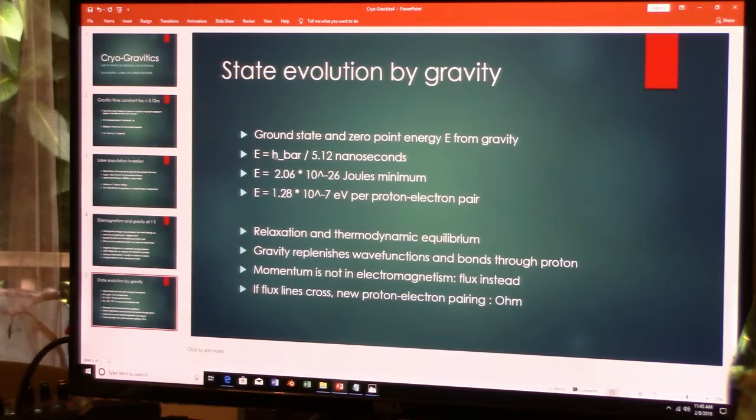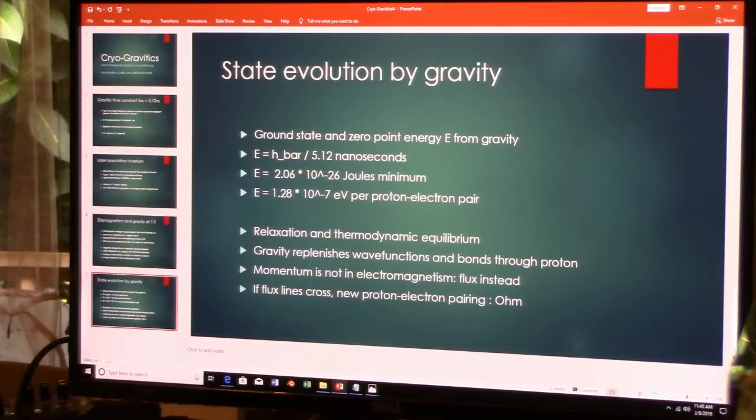The energy is the minimum that an atom could have is h bar divided by 5 nanoseconds, which is about 1 times 10 to the minus 7th electron volts per electron proton pair. That's about 100 or 1,000 times weaker of a photon than the cosmic microwave background radiation.